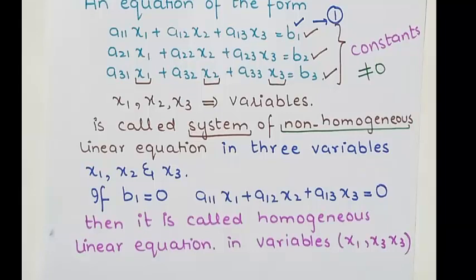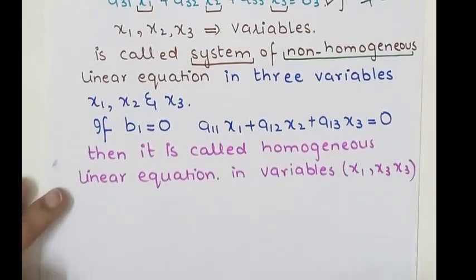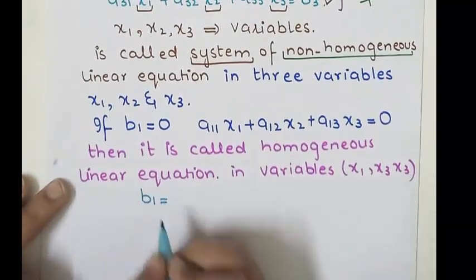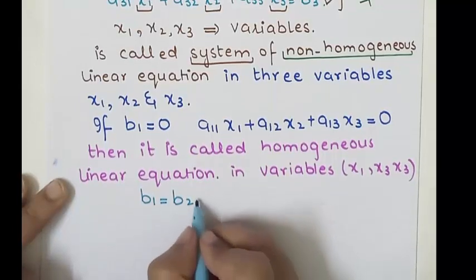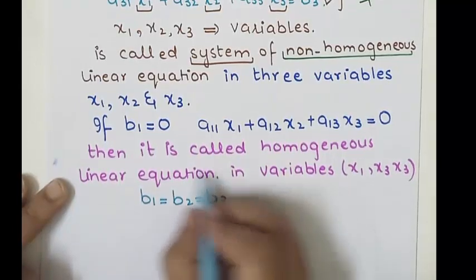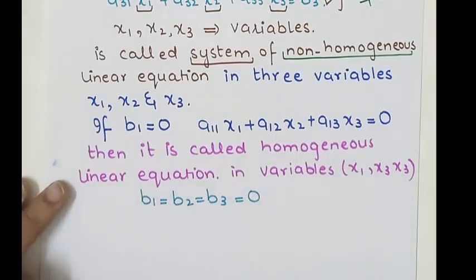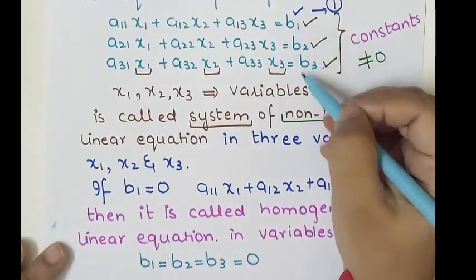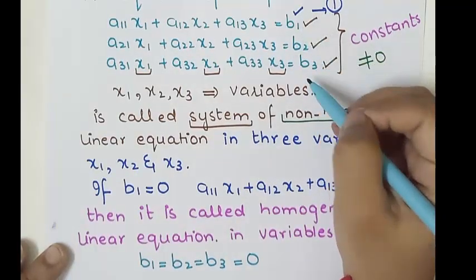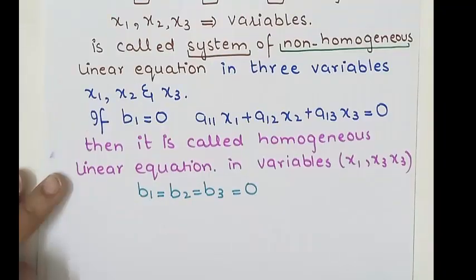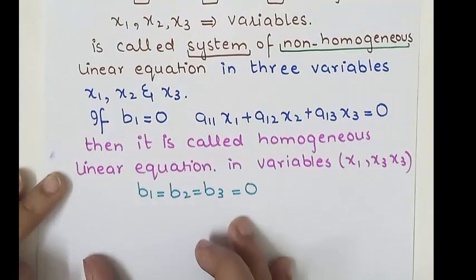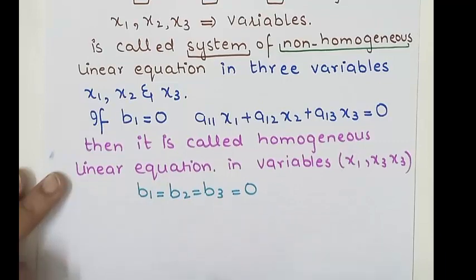But if we consider that b1 is equal to b2 and b2 is equal to b3 and all of them are equal to 0, then it is called a system of homogeneous linear equation.